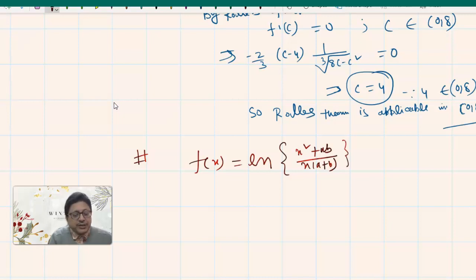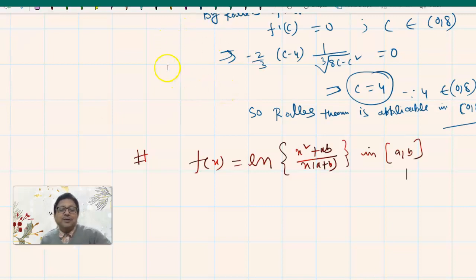They have asked you to check the applicability of Rolle's theorem in the interval (a, b). Can you use Rolle's theorem over there in (a, b)? It's a bit difficult sum for you. It is not an algebraic function, it is a log function.